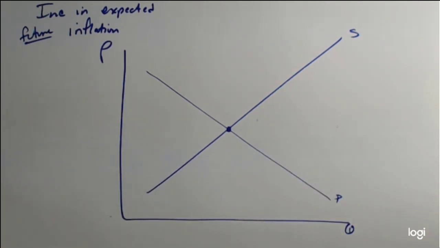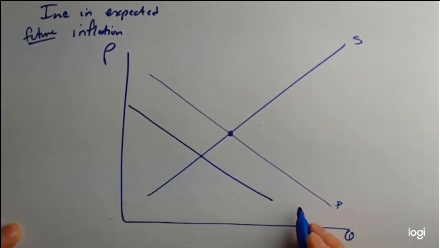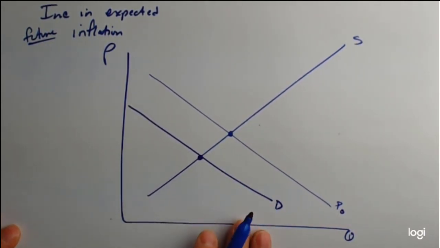So here we are in equilibrium. Let's look at the demand effects first. If you rewind a bit, I said that if there's a reduction in expected inflation, demand goes up. So if there's an increase in expected inflation, the demand curve shifts to the left, D0 to D1, and we're right at this point here.